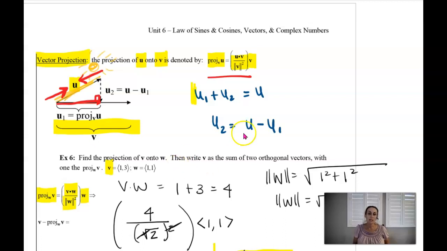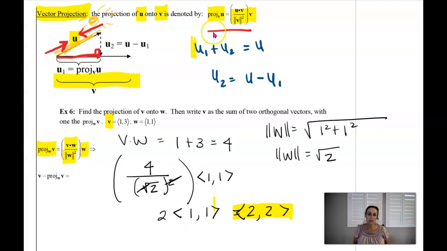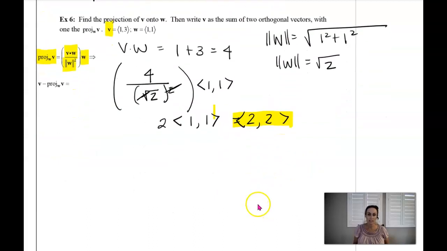So we're going to figure out what these two vectors are when we add them together, to get this orthogonal vector, which is going to form 90 degrees.